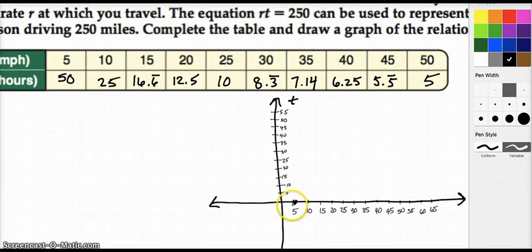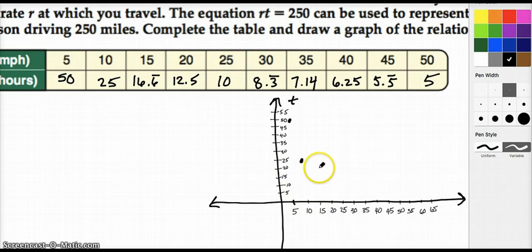So at 5 miles per hour, it took me 50 hours to drive to that location. At 10, we're down to 25. So that was a quick, rapid drop. At 15, we're at 16. This doesn't look like a linear function to me. You see that? If it were like down here, I'd be happy, but no. Okay, so it's not linear.